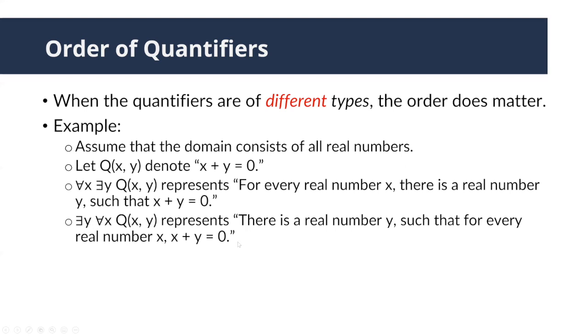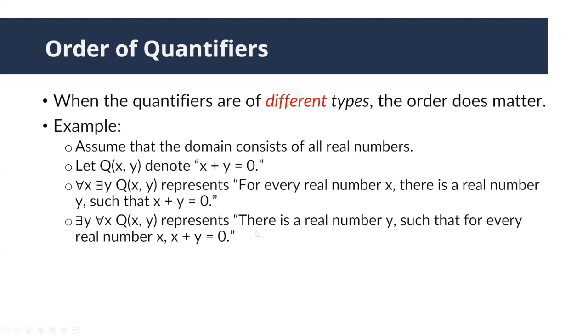Do they have the same meaning now? Let's check. For the first one, you can see this statement is true, right? Because for every real number x, if you just put a negative sign in front of x, that's your real number y. So x plus y is 0.